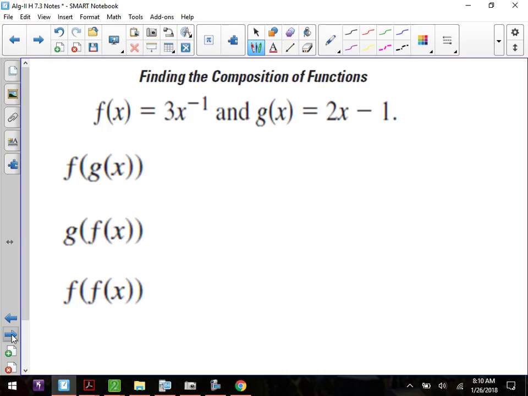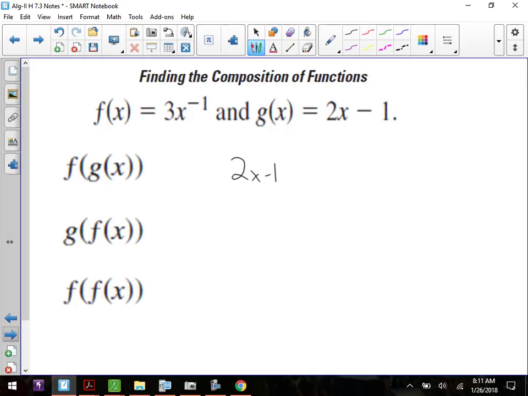If I want to find the composite of f of g of x, the easiest way that I've ever seen to do this is to quite literally write down what the innermost function is first. So if I'm doing f of g of x, what's the innermost function? G of x. So what I do is I write down 2x minus 1.